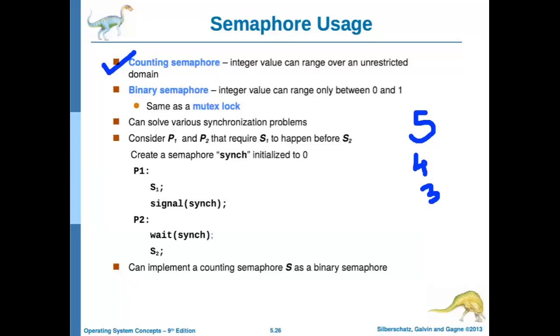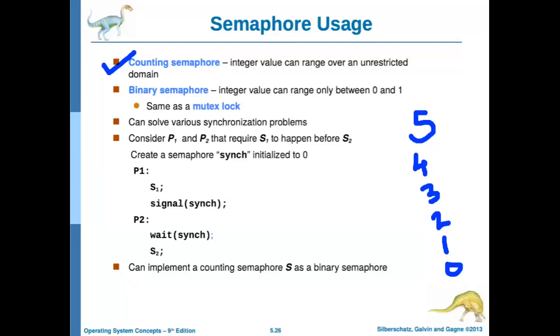So 5, 4, 3, then it becomes 2, then 1. So 5 processes have been granted access. Then it becomes 0. And if a 6th process comes, it will check the value. It's 0, so wait on S will be blocked until any one of the first 5 processes finishes. That is the use of a counting semaphore.